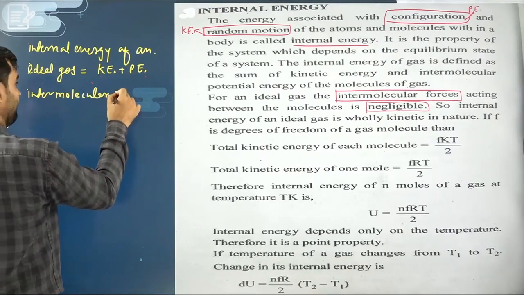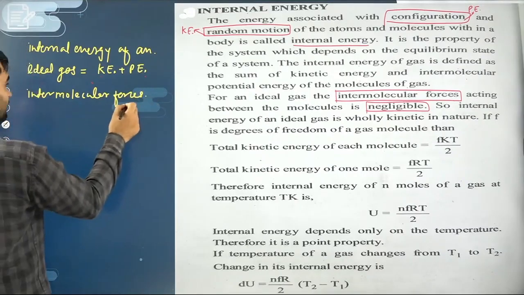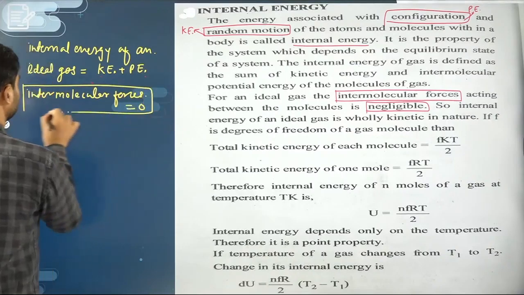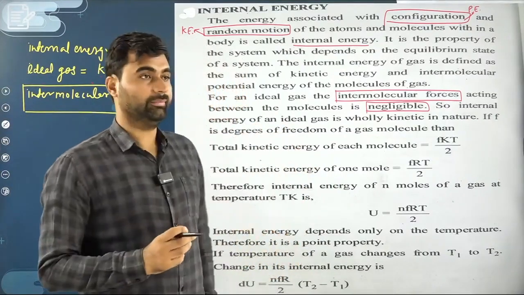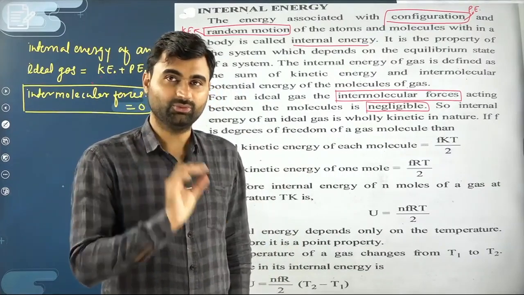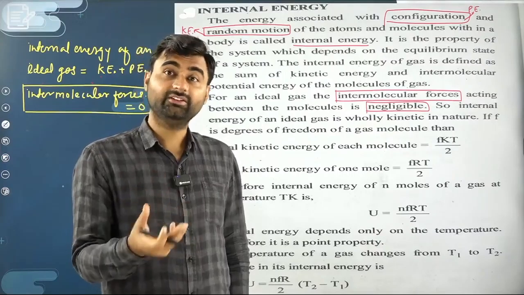Intermolecular forces are equal to 0 for an ideal gas. Now you have to remember this point, that potential energy is due to intermolecular force. If intermolecular force is 0, that's why potential energy is 0.